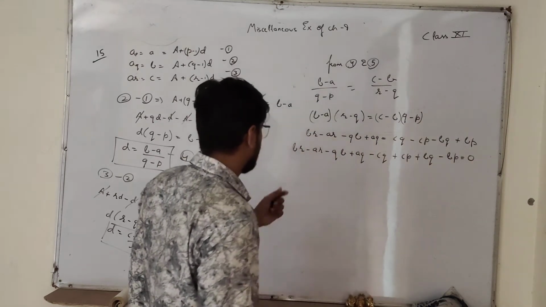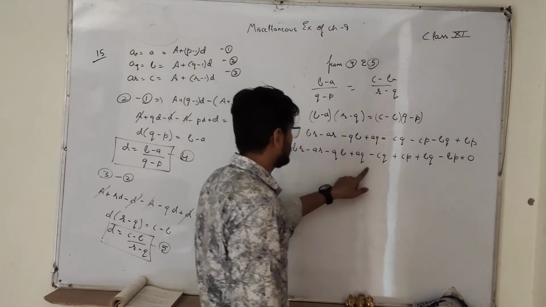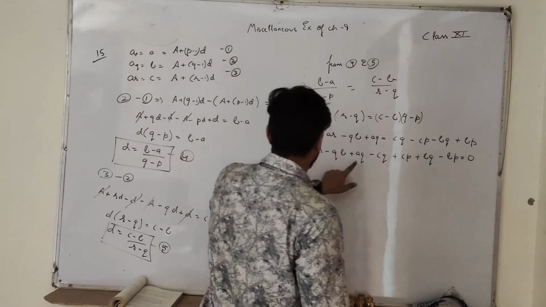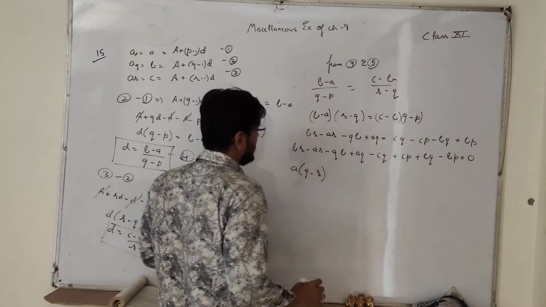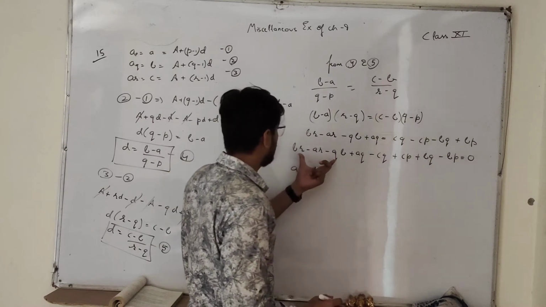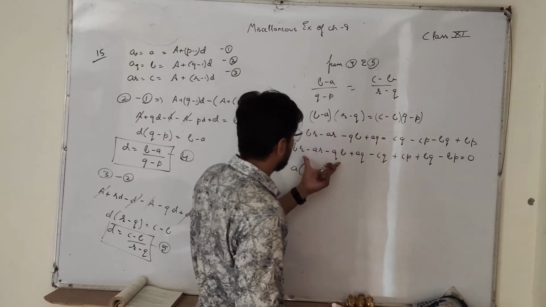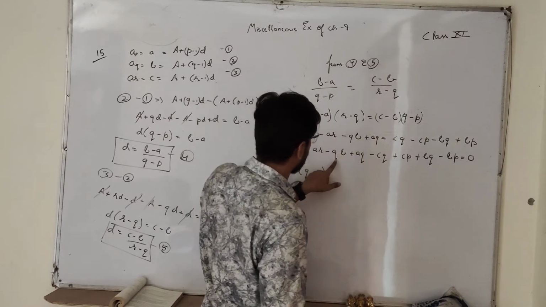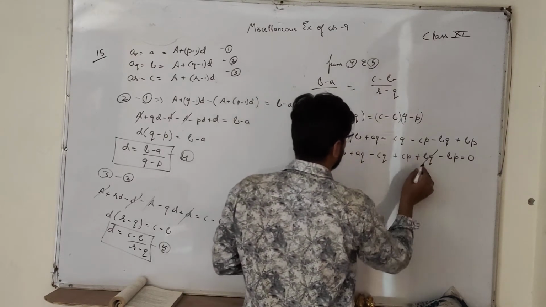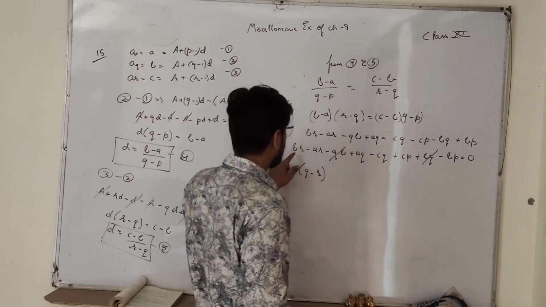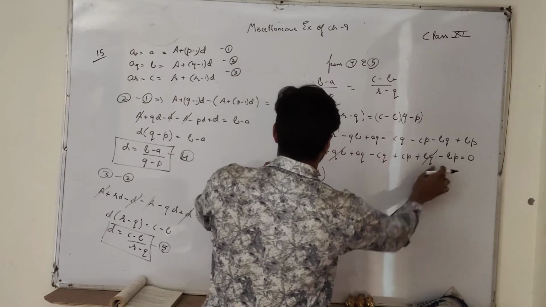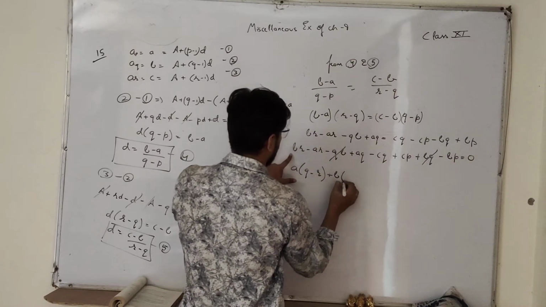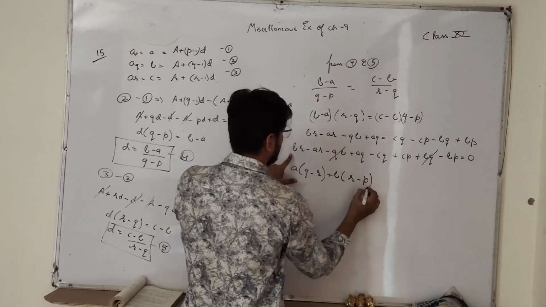If I take A common from these two terms, we have A (Q minus R). Similarly, the BQ terms cancel. Then taking B common from these two terms, we have plus B (R minus P).